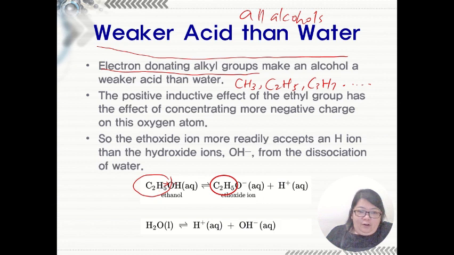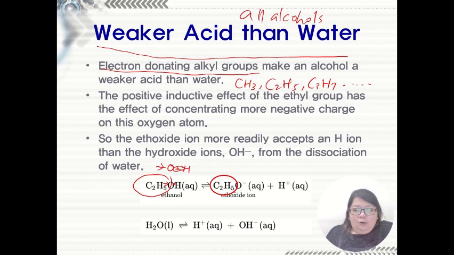Of course, the O is also bonded to the H. So this OH bond became stronger because you have more electrons coming from the left hand side in this case. So this OH bond becomes very hard to be broken. So this alcohol is not likely to donate the proton.